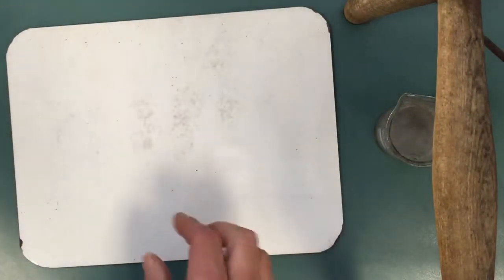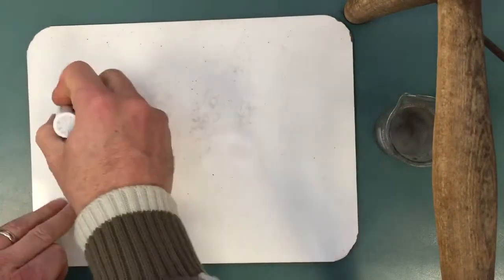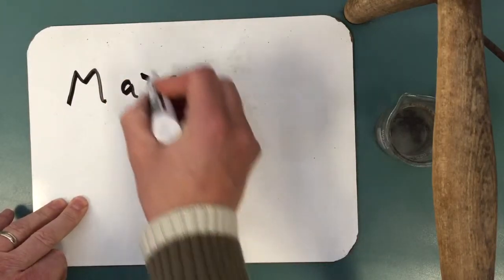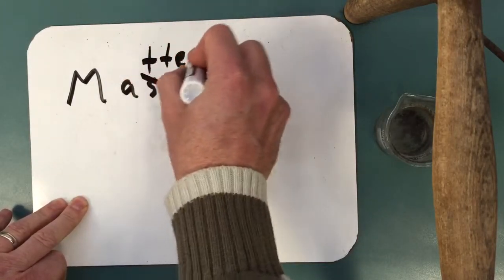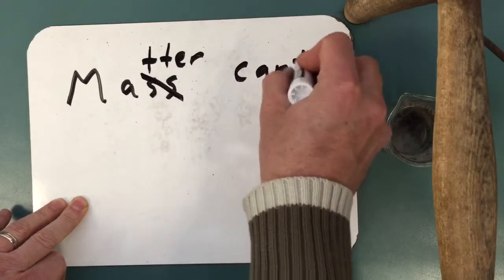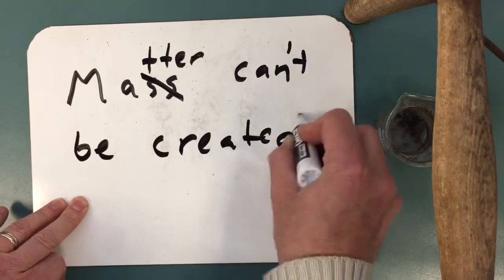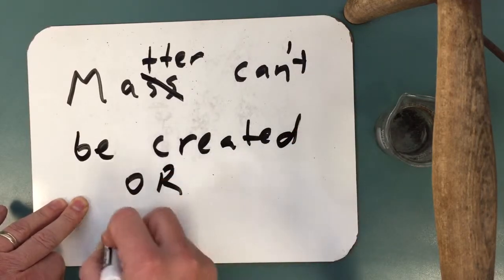So, in other words, mass, or we could replace mass with matter, can't be created or destroyed.